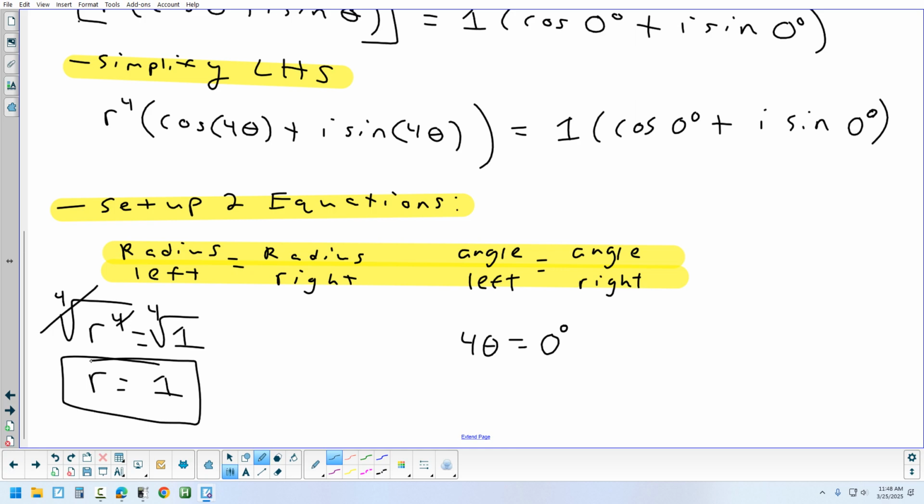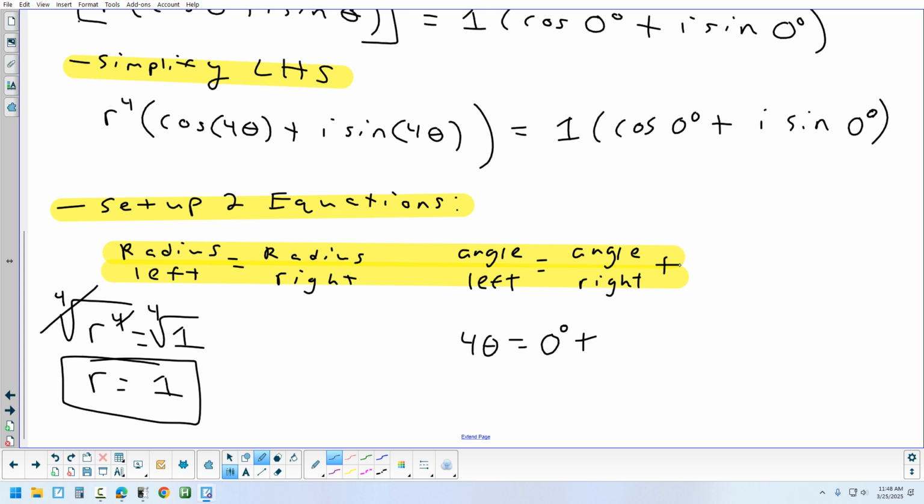Now, let's look at our angle. We have angle on the left equals angle on the right. And if we solve that, we will get one answer. But we want all the answers. Okay. How many answers did I say this problem is going to have? 4. Does anyone remember, what do we put on the end of something so it gives us all solutions?